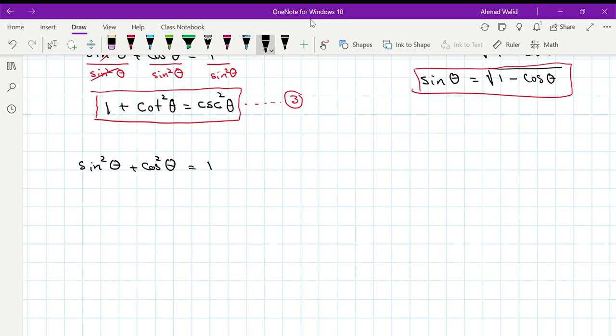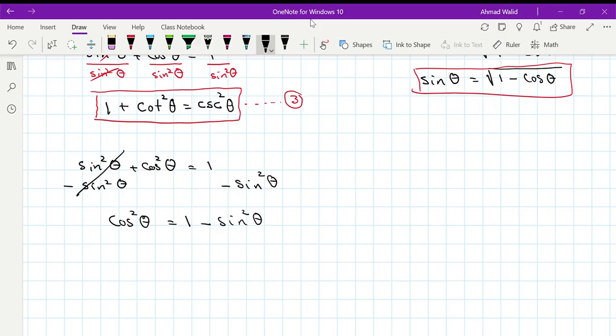This time let's solve it for cosine squared. We will subtract sine squared from both sides, right? You see, it's a simple algebra thing, simple math. Then you can write cosine squared theta equals 1 minus sine squared theta.